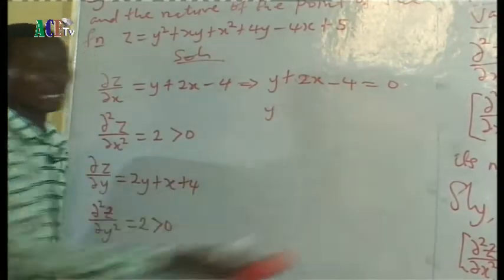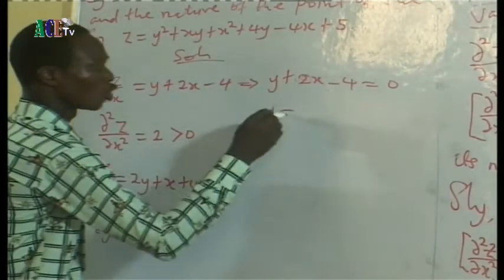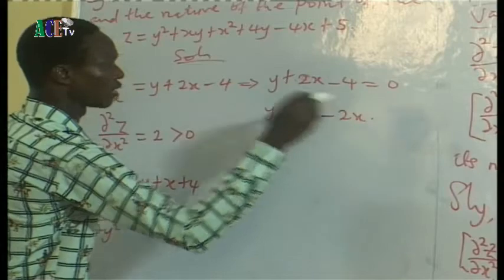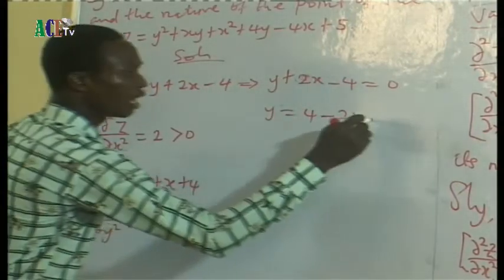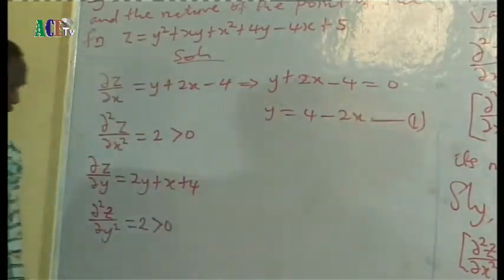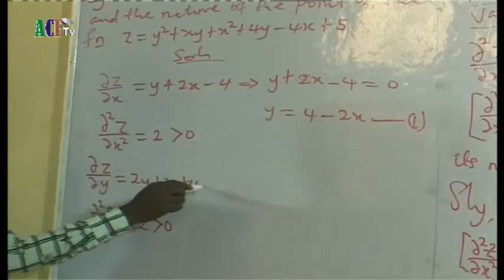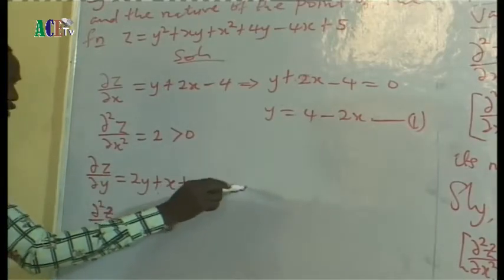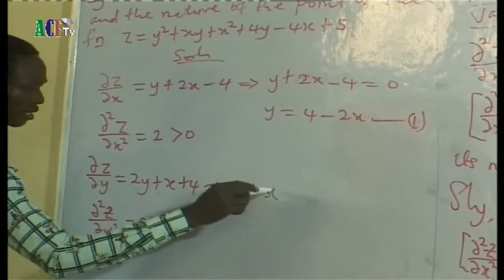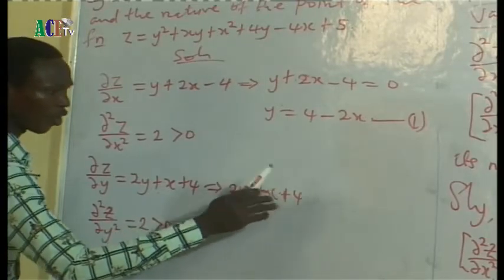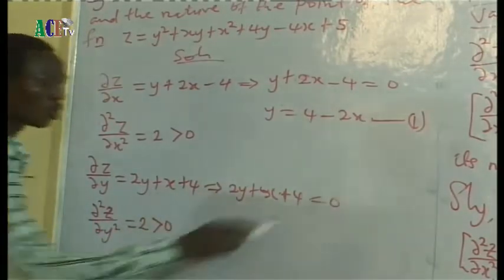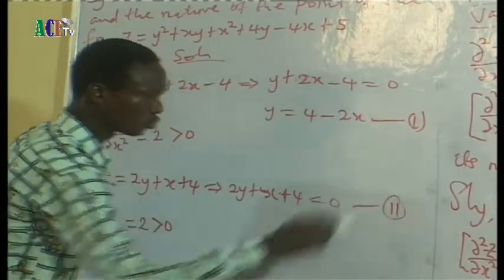I will get y equal to 4 minus 2x. Let me call this equation 1. And also I will come here. This will imply 2y plus x plus 4 is equal to 0. Let me call this equation 2.